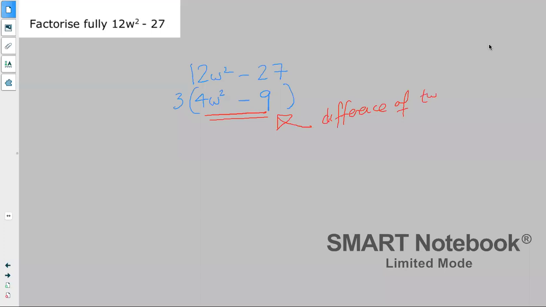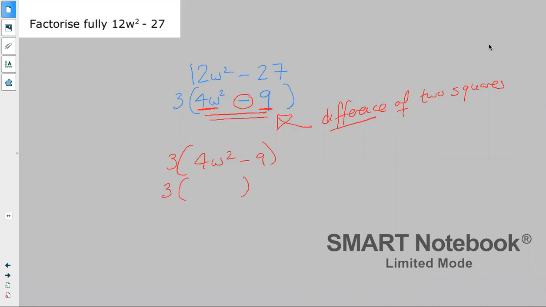Difference of 2 squares. So that's a squared term and a square number. Difference, remember, is take away, and it is a takeaway. You can see that there. So if I just write that out again, 4w squared take away 9, and you know what to do here.